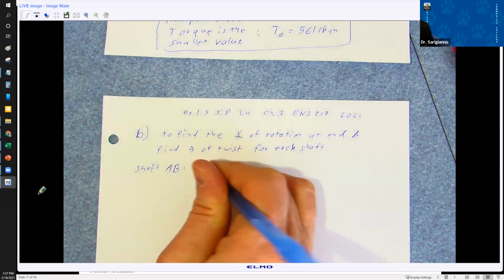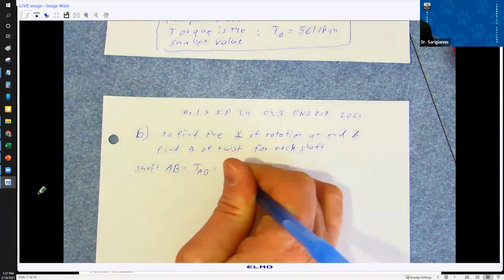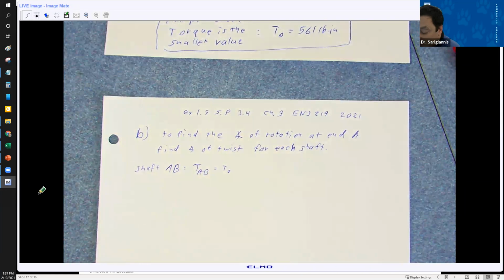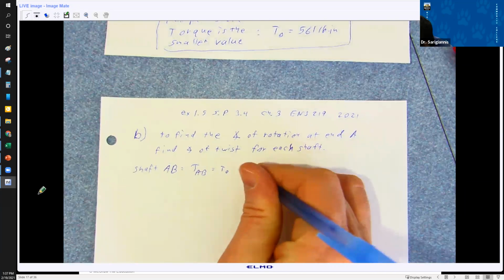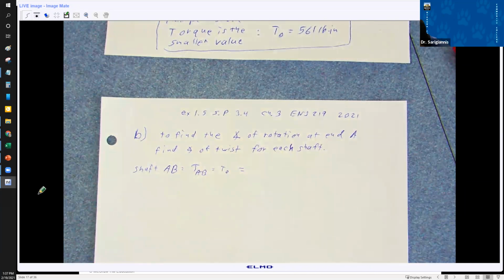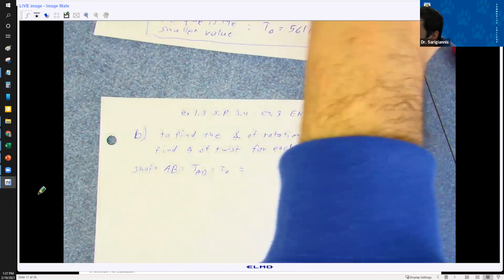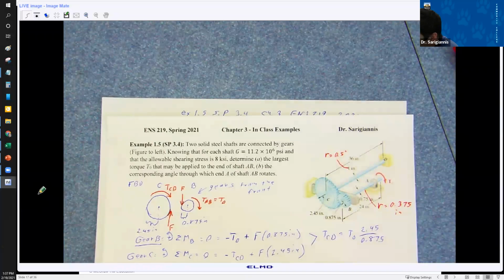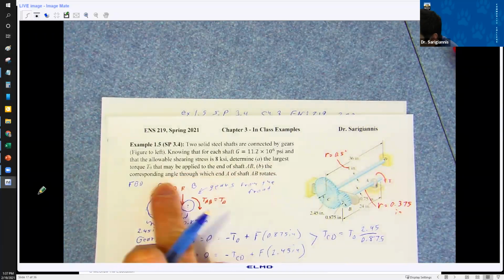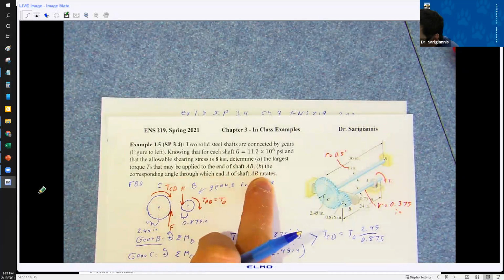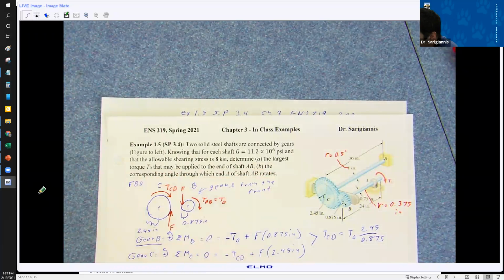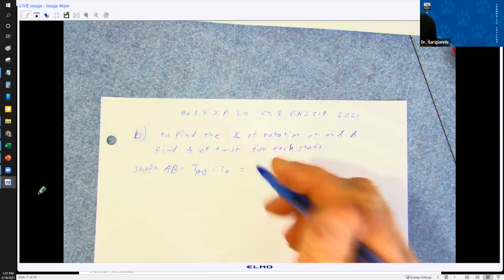Remember, the torque AB is just equal to the torque T naught. So we're going to use the limiting torque, the corresponding angle through, so that was not clear from the problem. What's the largest torque that may be applied? And then the corresponding angle corresponding to that largest torque.